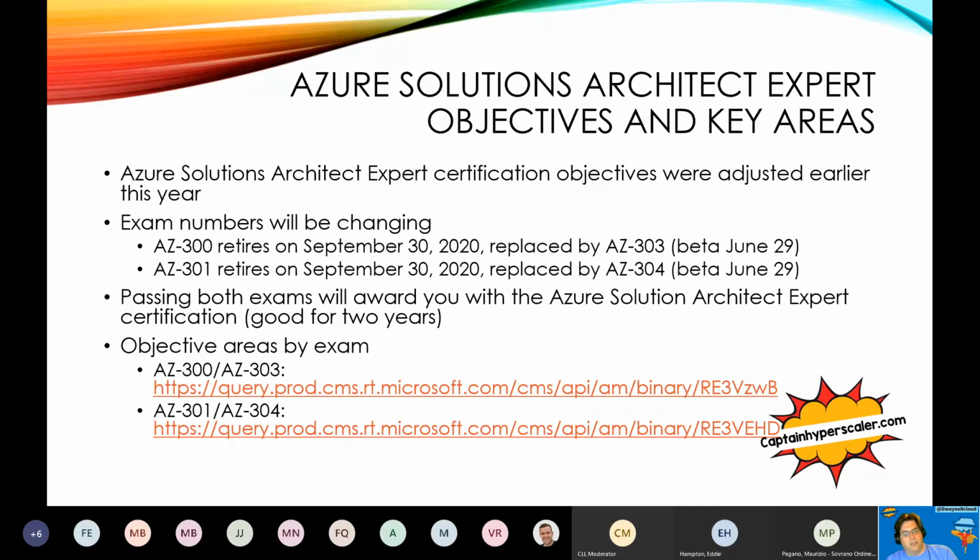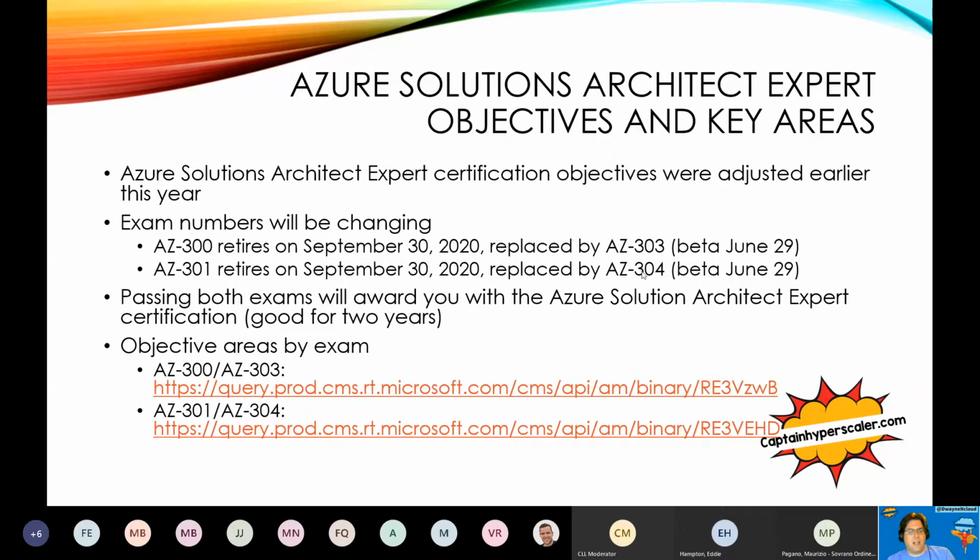The one thing is, if you take the 303 or the 304 exam now, you will not get your results until probably 2 to 3 weeks after they've gone out of beta into GA. So if you want immediate results and immediate feedback on how you did on your exam, so you can move to the next exam, I would recommend taking the 300 or the 301 first and foremost.